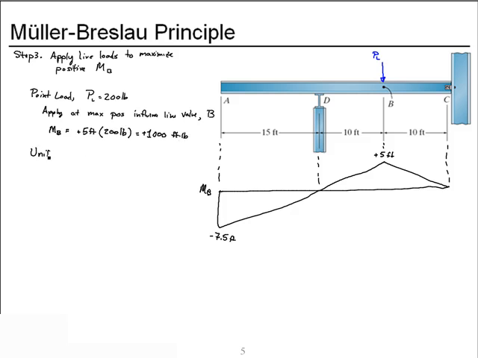Now how about the uniform load? It was 60 pounds per foot. We apply it.